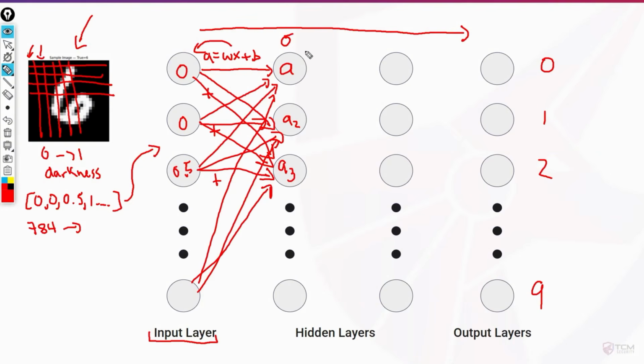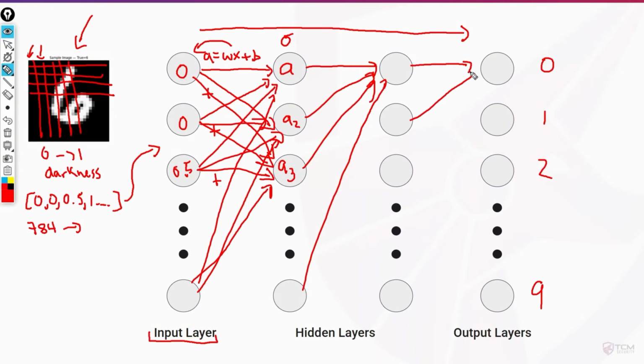And then the same thing is done here. So this would come here. And again, this is going to be a new weight and bias. And here, and here, and here. And then we won't draw all these, but so on here. And then same thing, feeding through to here, and then here, and here, right?